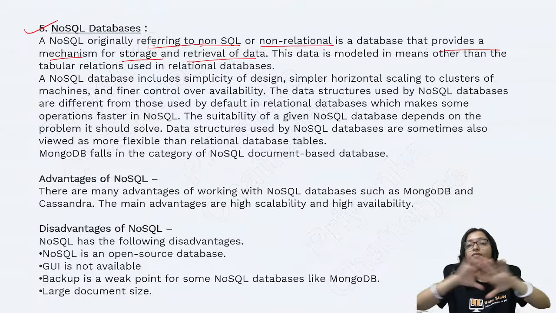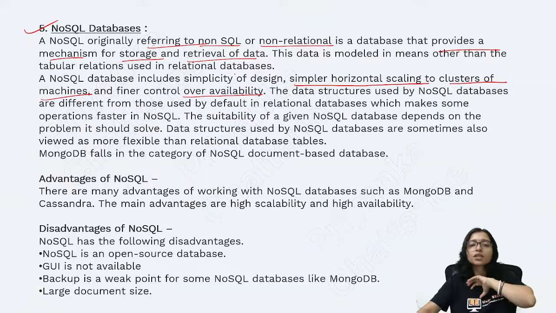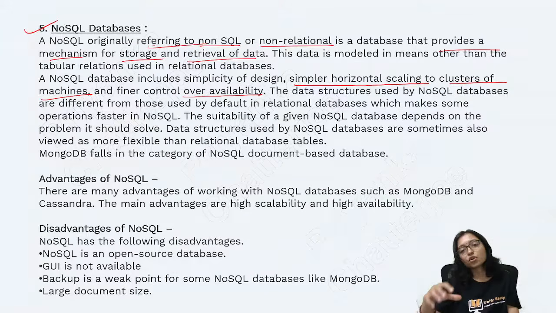Here there is simpler horizontal scaling to a cluster of machines and finer control over availability. Till now we are habituated with table wise data, but NoSQL is not storing table wise or relation wise. It is more flexible.